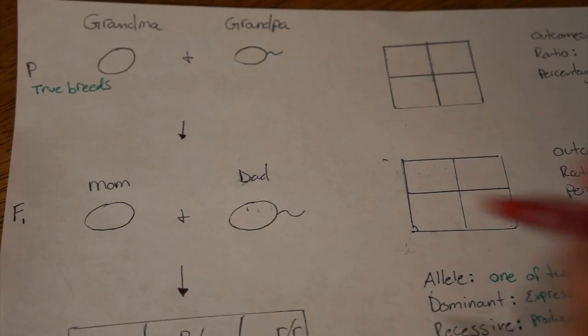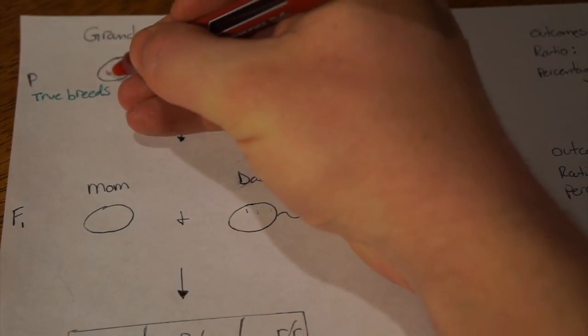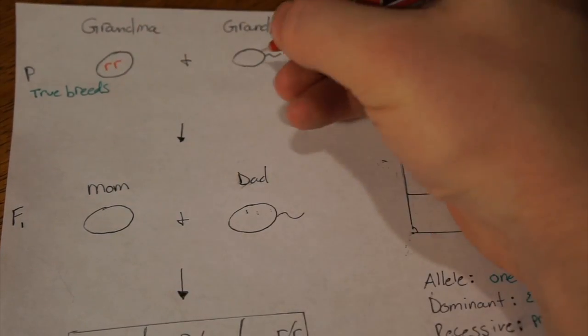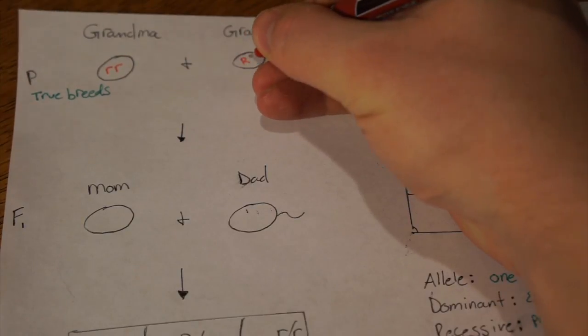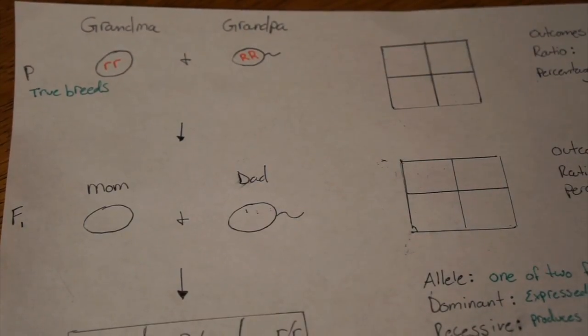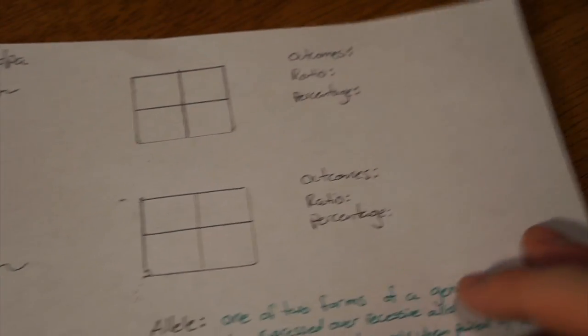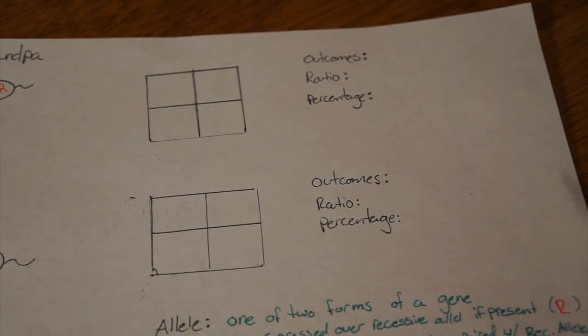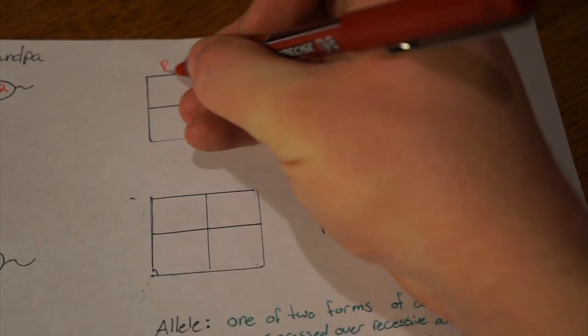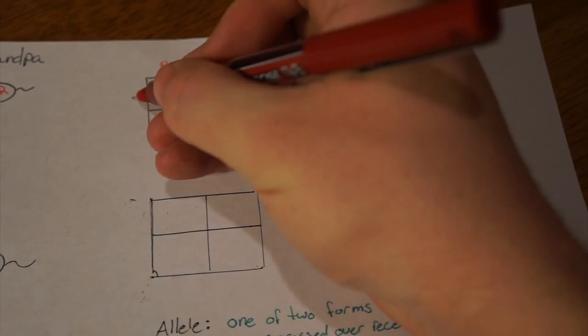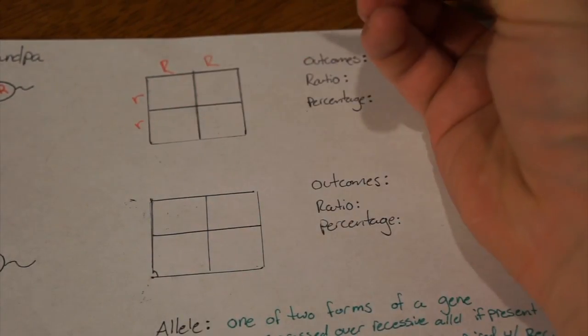Okay, so let's start here. We're going to have two true breed parents. Grandma is going to be homozygous recessive, and grandpa will be homozygous dominant. And they are going to breed. So let's predict the outcomes here using a Punnett square. Let's put grandpa on the top and grandma on the bottom.